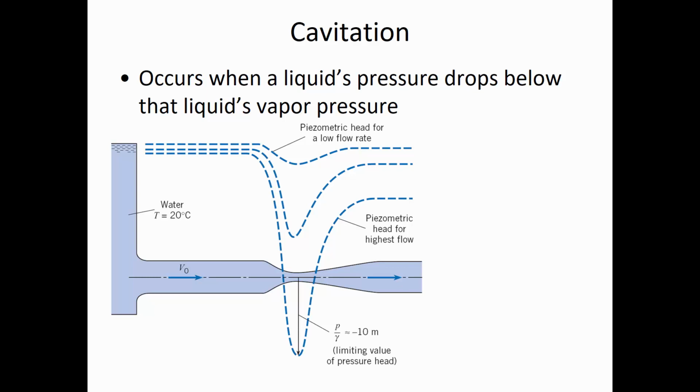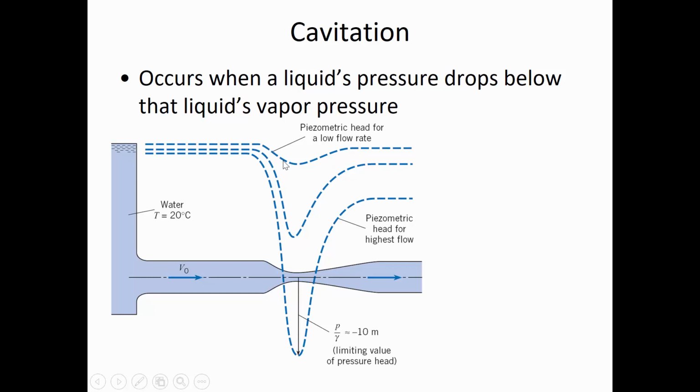Now, the water inside of the tank that's on the left is just atmospheric pressure, and so at the water surface, the pressure is 0 gauge pressure. If the water is moving very slowly through this pipe, then this top blue line represents the water moving slowly.